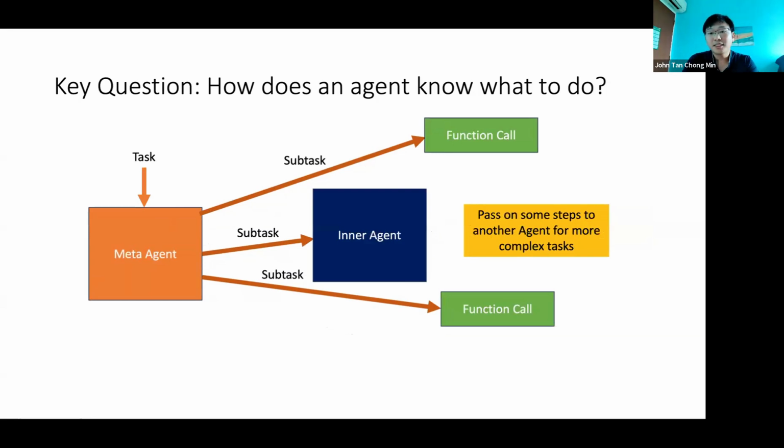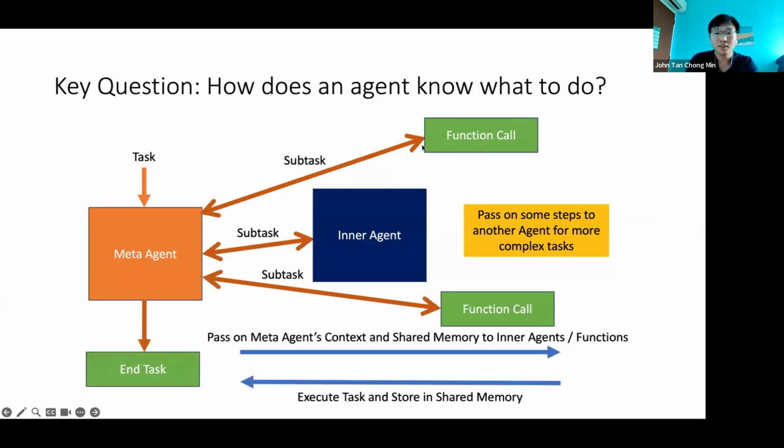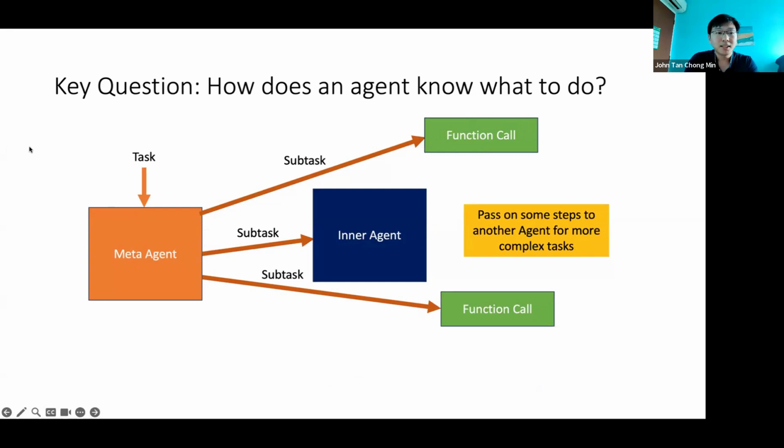Okay, so some of these actions actually can be easy. You could just directly walk, you can call a function to do the walking step, or you can call a function to do the run or open the fridge step. But some tasks are a little more difficult. For example, if you need to unlock a combination lock to open your fridge. You can pass on the more difficult tasks.